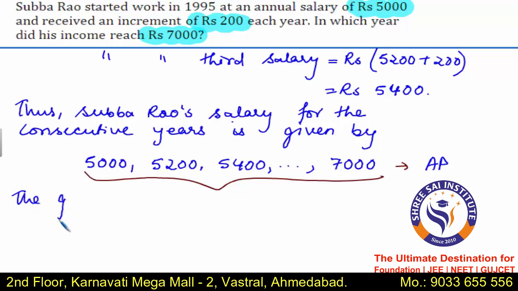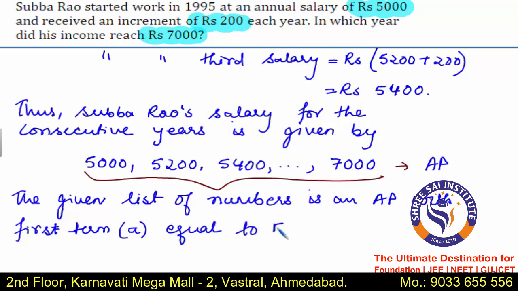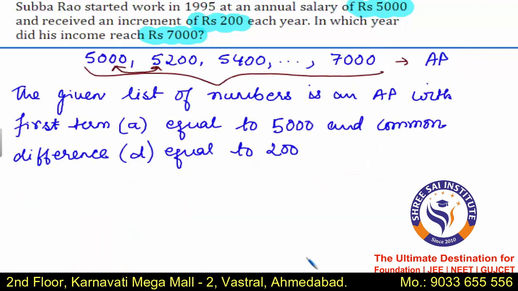Therefore, the given list of numbers is an AP with first term, denoting it by a, equal to 5,000, and the common difference, which can be obtained by subtracting any term from its succeeding term, denoting it by small d, equal to 200.